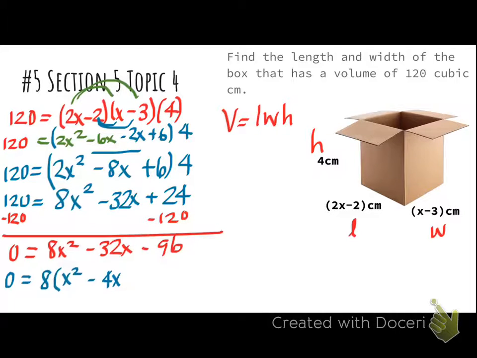And then negative 96 divided by 8 is negative 12. Now what we need to do is divide both sides by 8 to get rid of that factor of 8. And we're left with 0 is equal to x squared minus 4x minus 12.